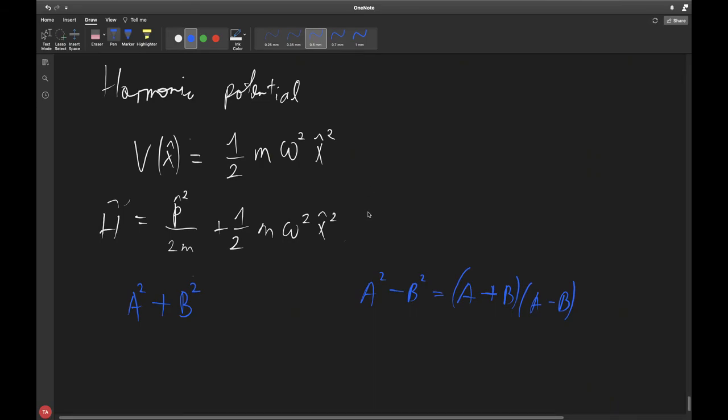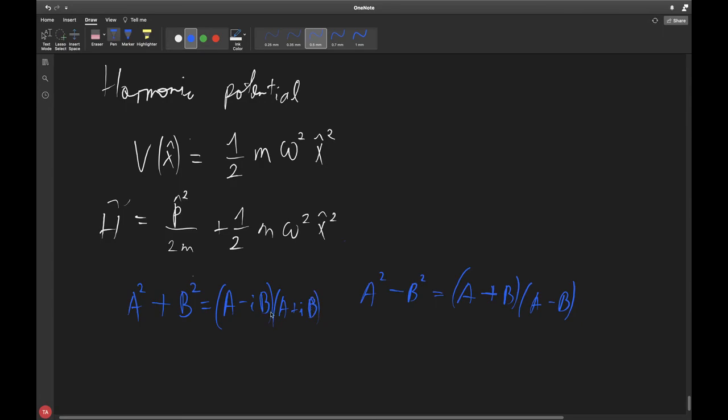So using the complex numbers, we have the identity that a squared plus b squared can be factorized into a minus I b times a plus I b.